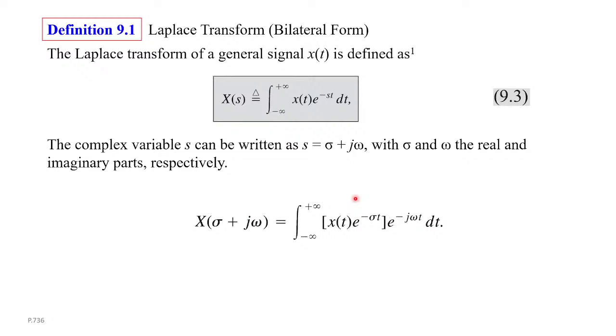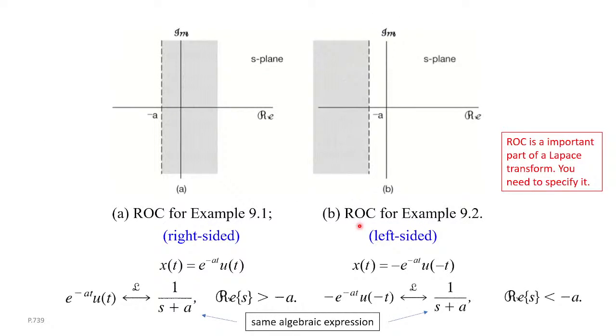Okay. So for every sigma, you look at omega, and it is kind of like a Fourier transform of this function weighted by e to the minus sigma t. Okay. And as we say, the ROC is very important.